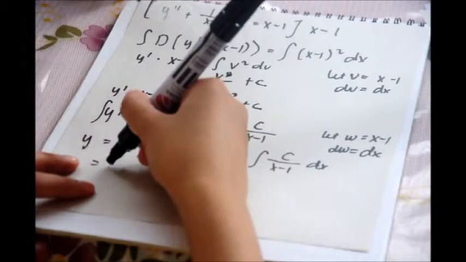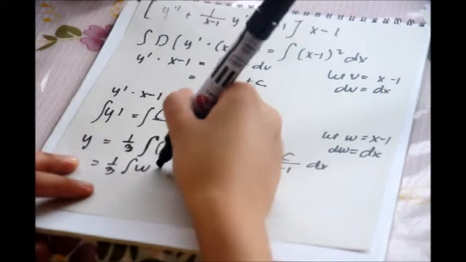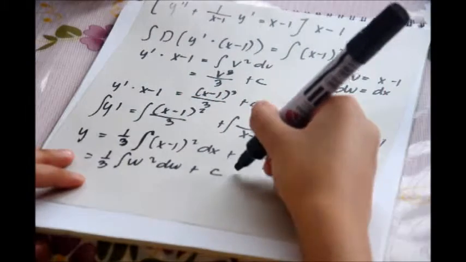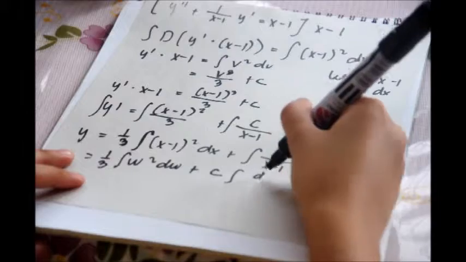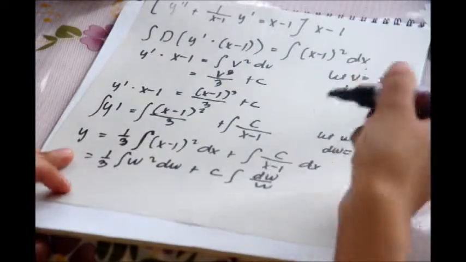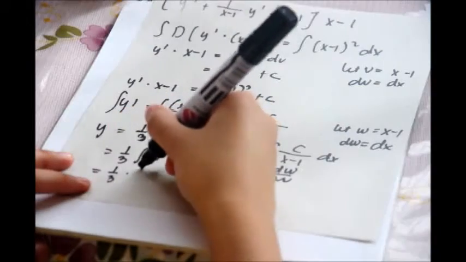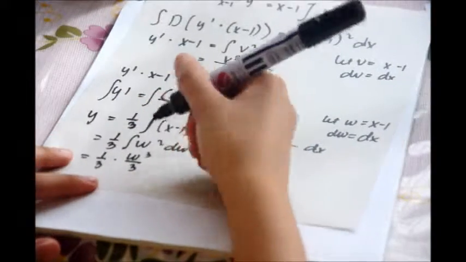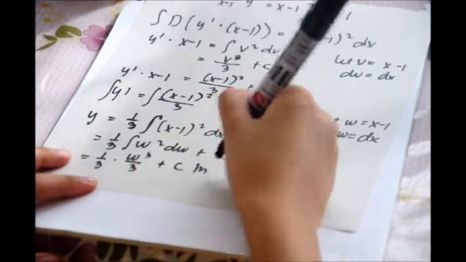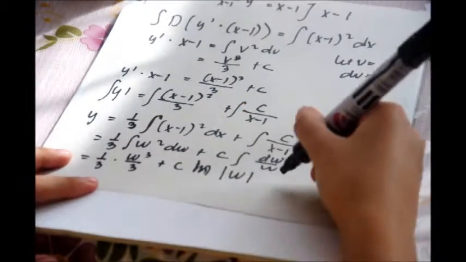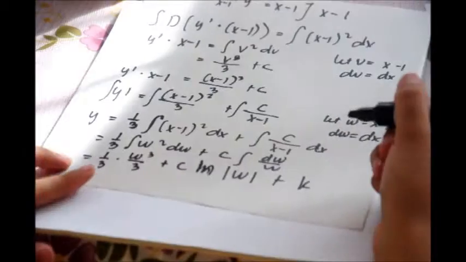It becomes 1/3 the integral of w squared dw plus c times the integral of dw over w. So it becomes 1/3 times w cubed over 3 plus c ln of w plus constant k.